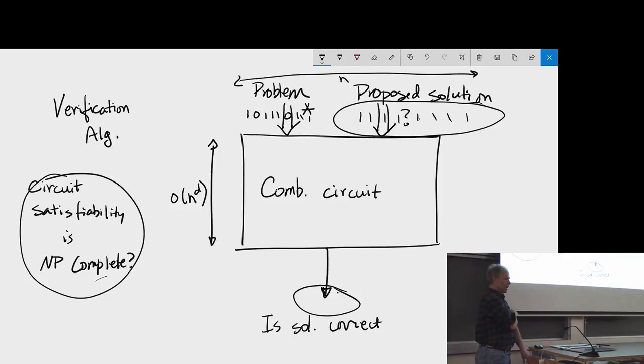To do the proof, we just have to show we can take any problem from NP and reduce it to this problem in polynomial time. This is completely analogous to what we did with method satisfiability. There, instead of taking verification algorithms and turning them into circuits, we were taking them and turning them into programs. That's exactly the same idea.